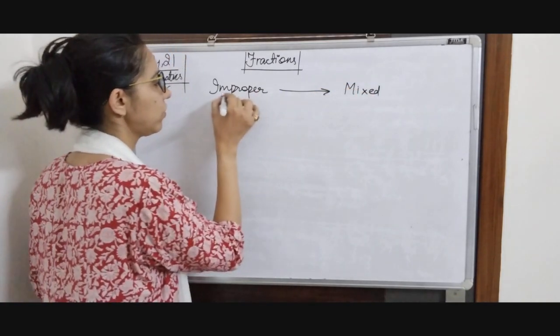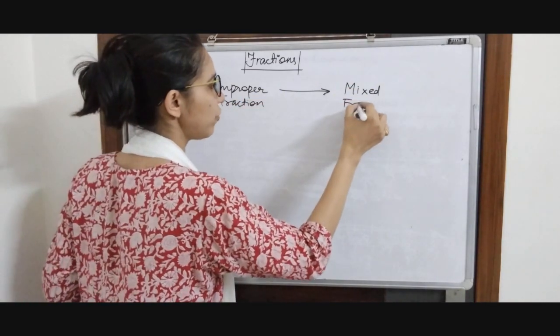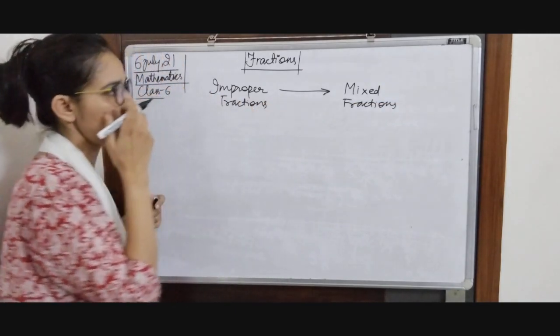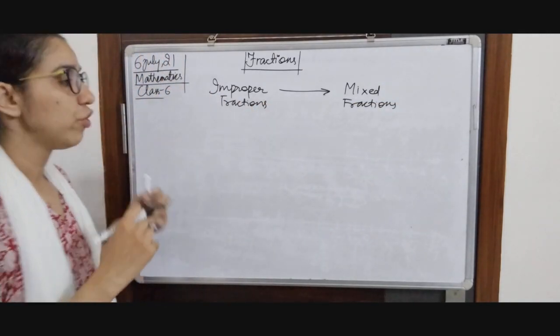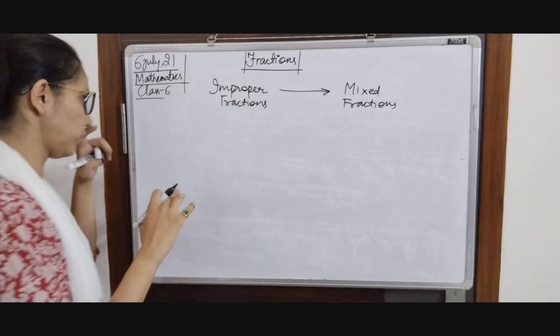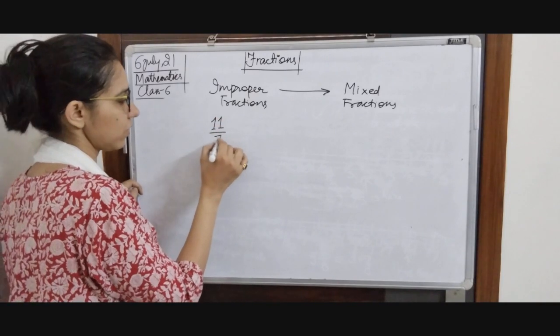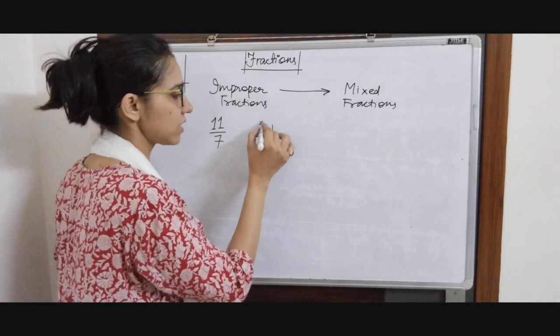We are talking about fractions only. We are learning how to change an improper fraction into a mixed fraction. We will take an example of an improper fraction. Suppose 11 by 7. So what you will do, you will divide 11 by 7.